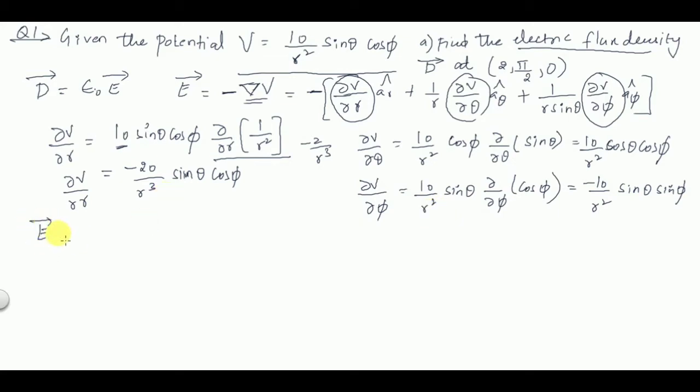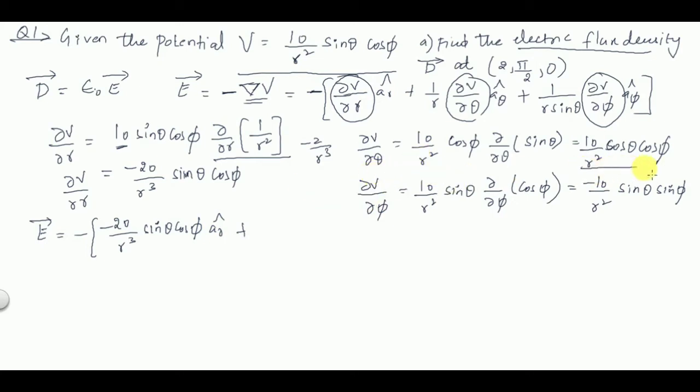So E bar is equal to minus of dou V by dou R, which is minus 20 by R cube sin theta cos phi into AR cap, plus 1 by R into dou V by dou theta.